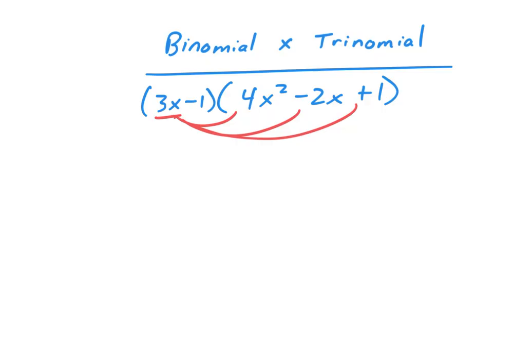And let's just start a little bit at a time. So let's do 3x times 4x squared would be 12x cubed. Be careful with your exponents, because x to the first and x to the second. 3x times negative 2x would be negative 6x squared. And then 3x times 1.